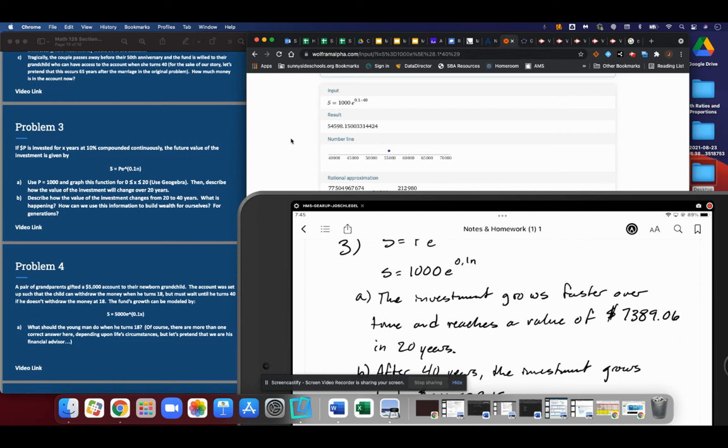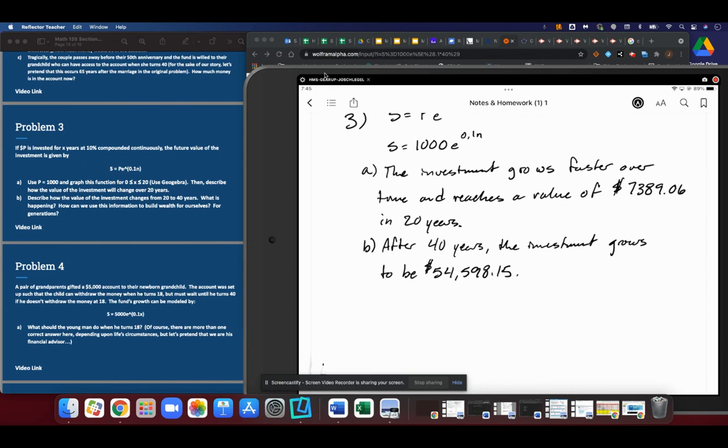And so we can see that the question there is, how do we use this information to build wealth for ourselves and wealth for generations? The answer there is sort of duh. We feed time money and it grows faster. So for the rest of part B, feed time to money and watch it grow.